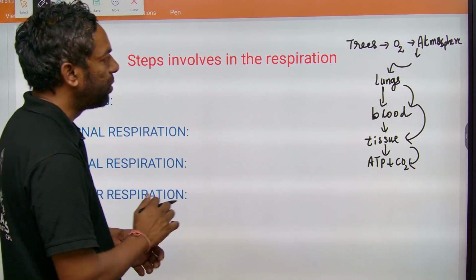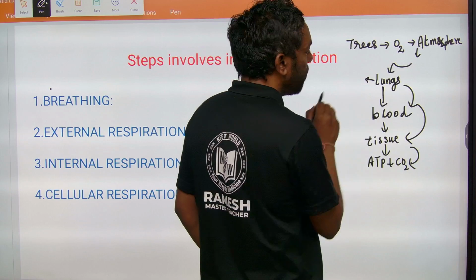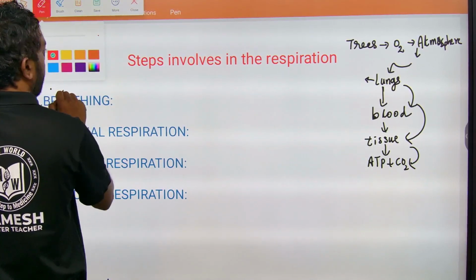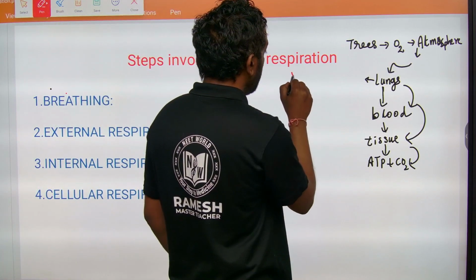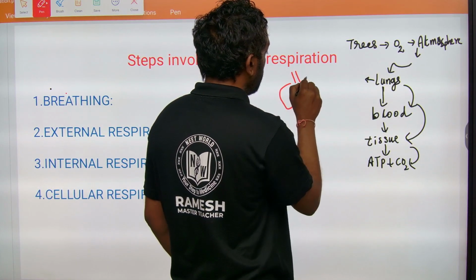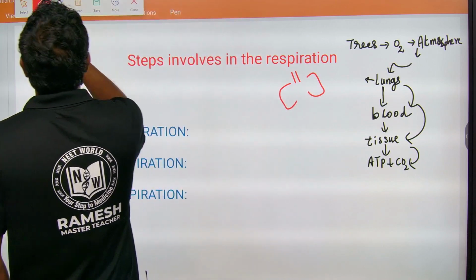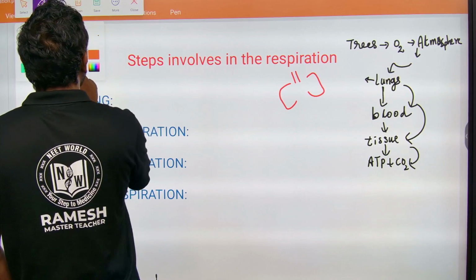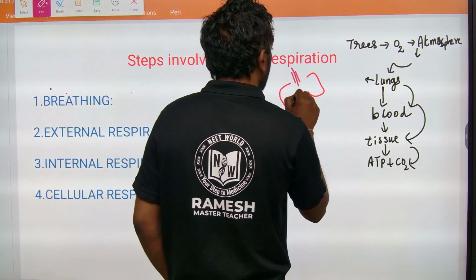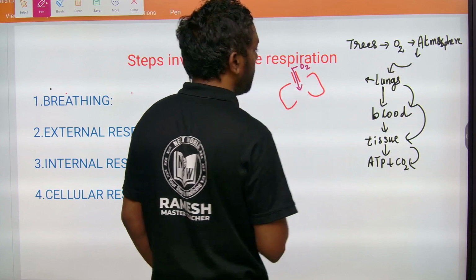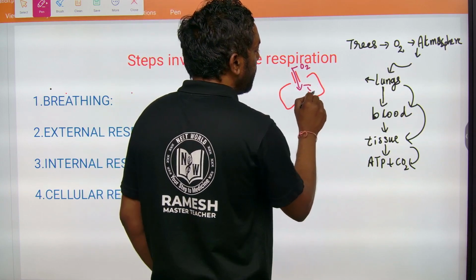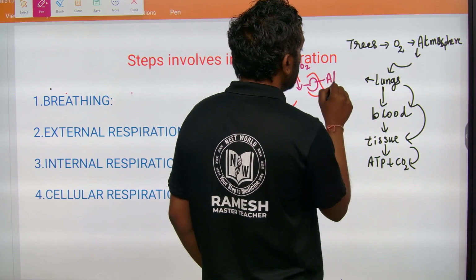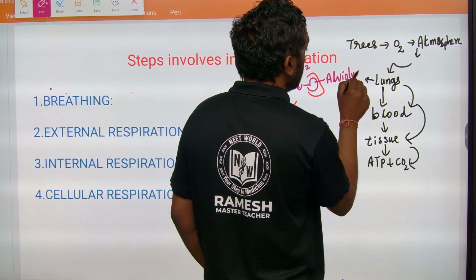Okay. So, what is the lungs' role with oxygen? Once the oxygen reaches the lungs from the atmosphere, there is a unit of the lungs we call the alveolus.